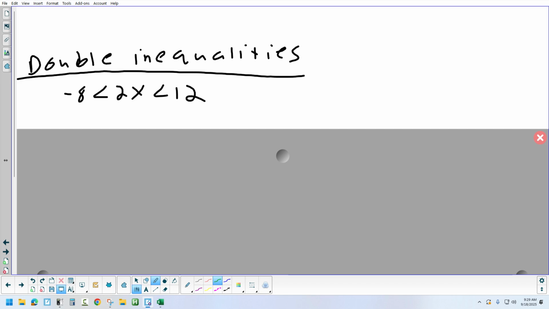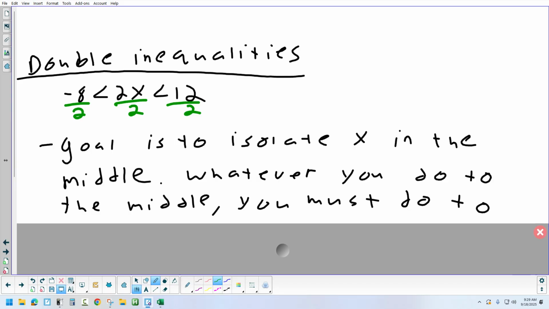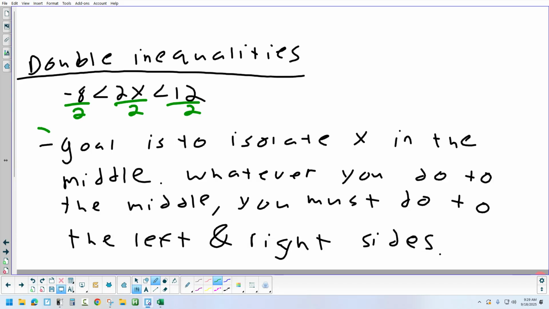But when you do something to the middle, do it to the left, do it to the right. So if I was going to solve this one, I would say divide everything by 2. And I would get -4 is less than x, which is less than 6. So it's not bad when there's only a letter in the middle. You can do this approach. Just remember, whatever you do to the middle, do to the left, do to the right.